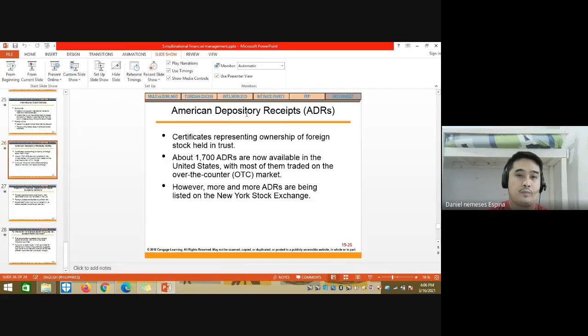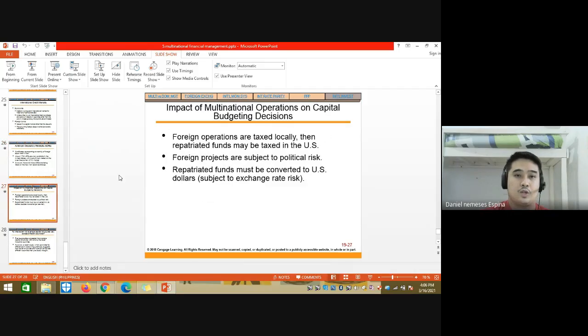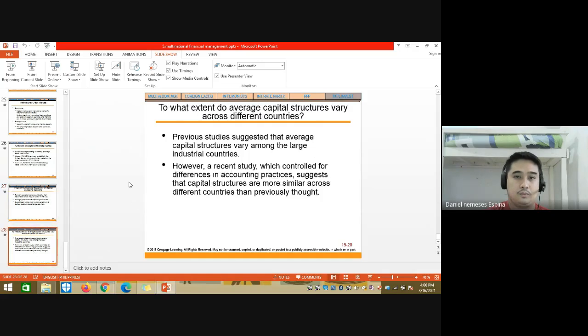These are usually invested in by foreign investors. So what would be the impact of those factors on our capital budgeting decisions? And then the difference of the capital structures across different countries.